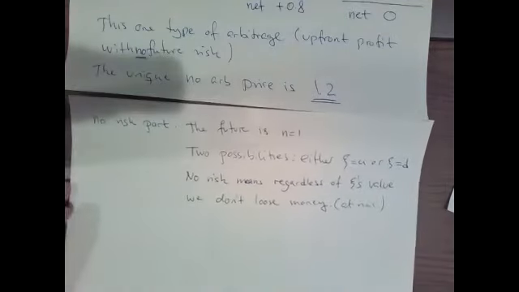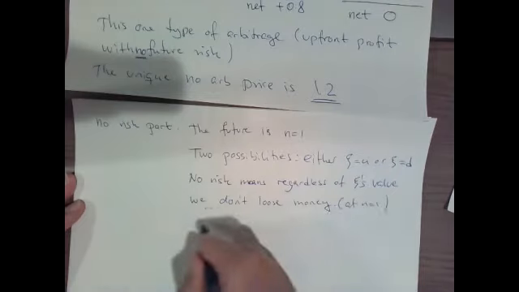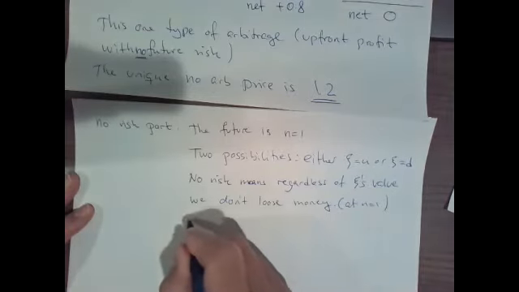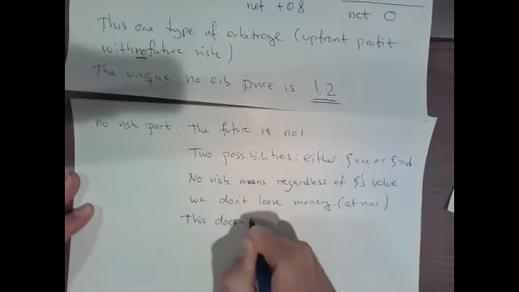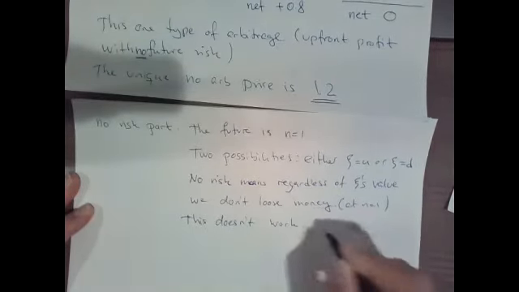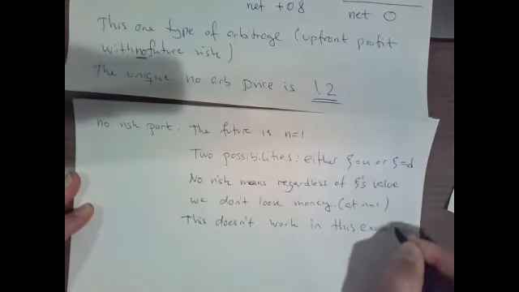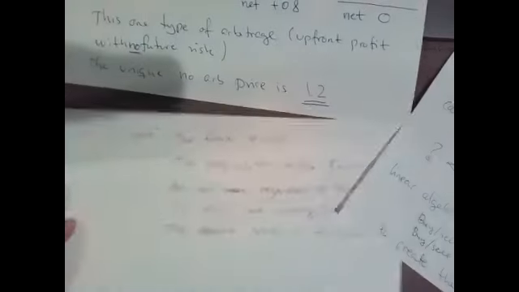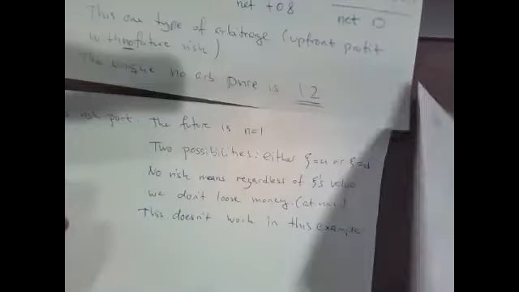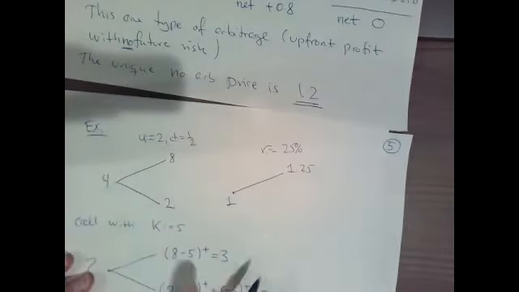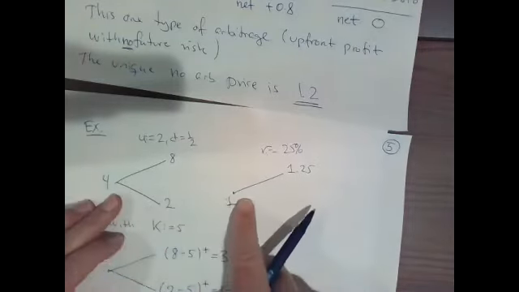So to contrast it, this doesn't work in this example. So let me do a little example here. If I combine these two pictures into one, then you have to have the same starting point.